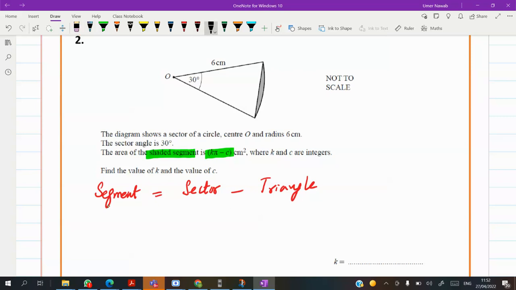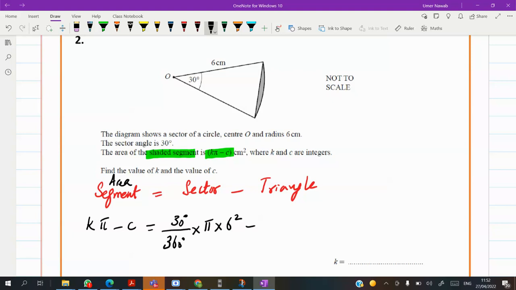The area of a segment is k pi minus c. We don't know what c and k are, but the sector area we know. Sector area is 30 divided by 360 times pi times the radius 6 squared.